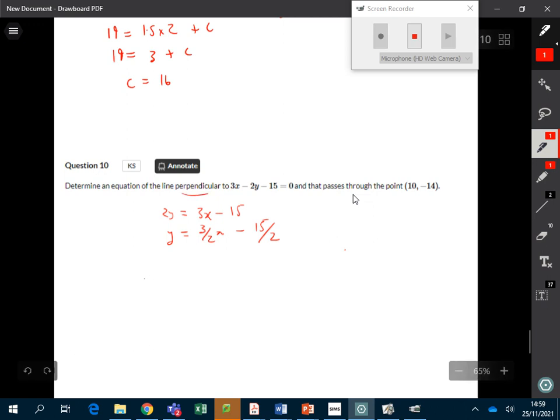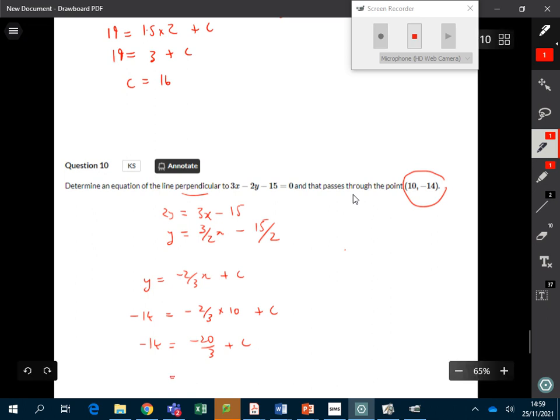So the negative reciprocal for a perpendicular gradient is going to be y equals negative 2/3 x plus c, and if it's going through this point, let's substitute in. So we've got minus 14 equals minus 2/3 times 10 plus c. So minus 14 equals minus 20 over 3 plus c.